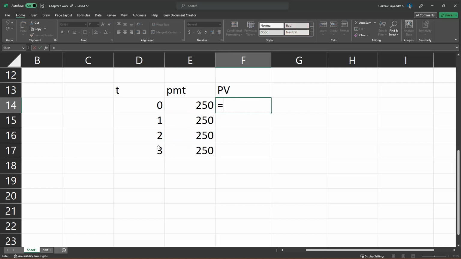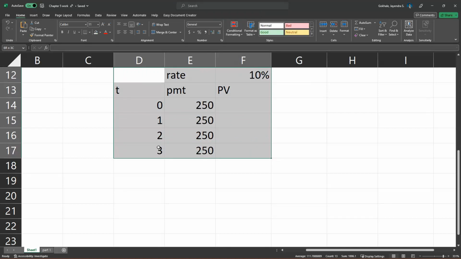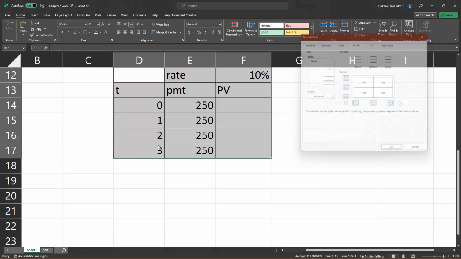Now, what's the present value of 250 right now? Well, if the rate were still 10%, so I'm going to write that down. Rate is 10%, and just make a nice table out of it. Enter.